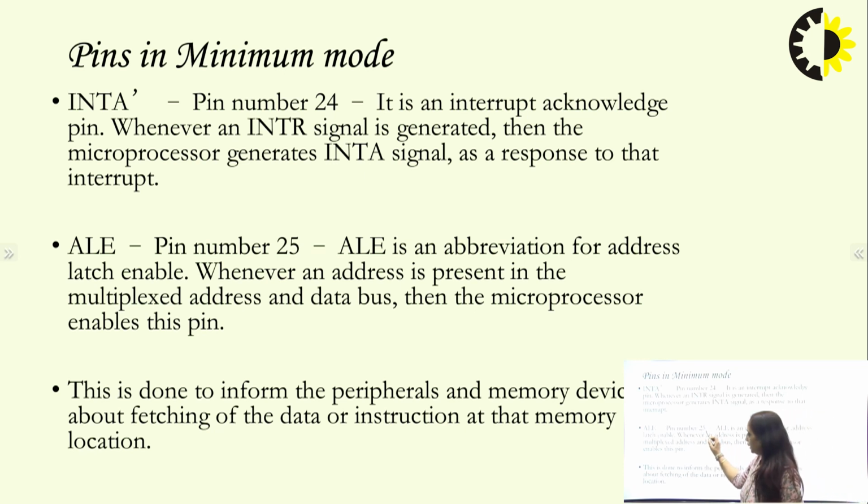Then we have ALE pin, which is connected to pin number 25. That is the address latch enable pin, which is used to separate the multiplexed address and data lines, or address and status lines, right? This is done to inform the microprocessor and the memory devices about fetching of data or instruction at the memory or some IO location.